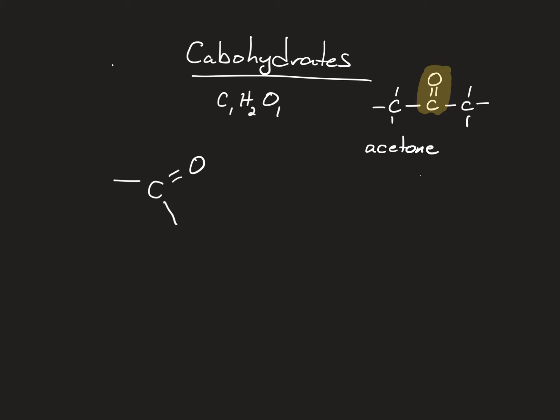Now, it's moderately important that you understand what a ketone is, as opposed to an aldehyde. An aldehyde could have the same exact structure, same number of hydrogens, except that the double bond is at the end. And this would be more of an aldehyde.